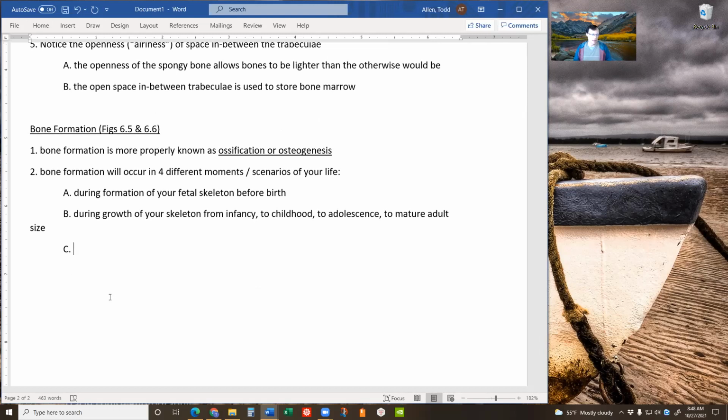What is the health status of your immune system? Are you fighting an infection? If you're fighting an infection, you might need more calcium from the extracellular matrix to support activity of immune system cells, right? So bone remodeling is going to be happening basically all the time. So you have small quantities of bone formation happening to various degrees all the time.